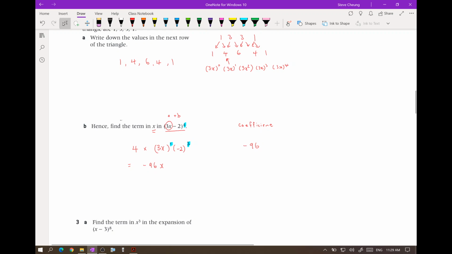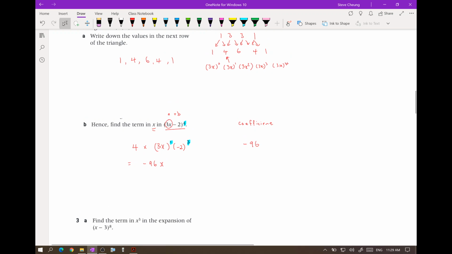Now, another way to find this without using Pascal triangle, which I highly suggest, is thinking about which numbers I put in here so that I will end up with something that has an x at the end. Here it's easy to see that I must have 1 from 3x, because if I have any other number, x will not be just x. It might be x squared, x cubed, x to the power 4, or maybe even just a constant.